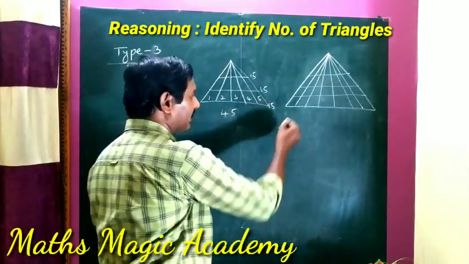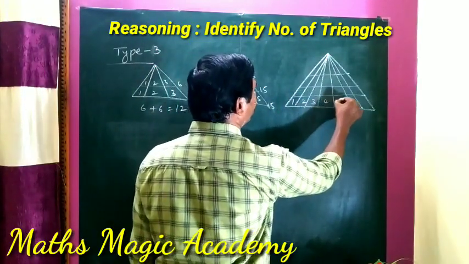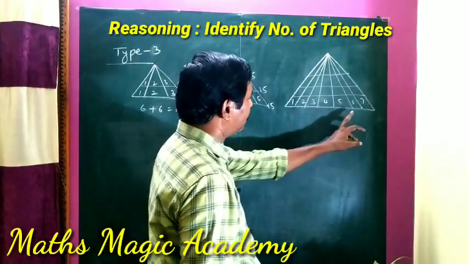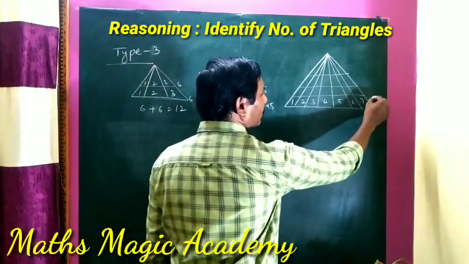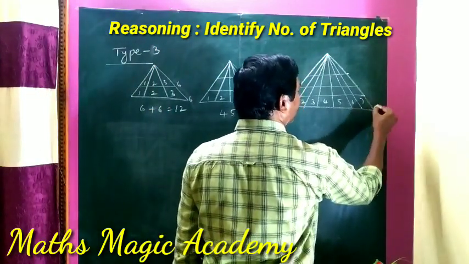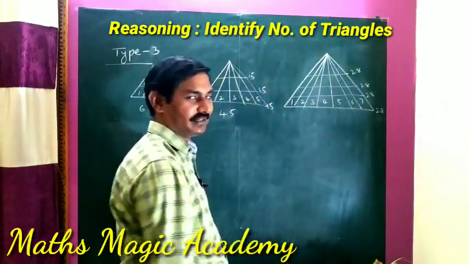Next we will go for this figure. In this figure, 1, 2, 3, 4, 5, 6, 7. In this base, the number of triangles we can observe is 7 into 8, 56 by 2, 28. Here also 28. Here also 28. Here also 28.